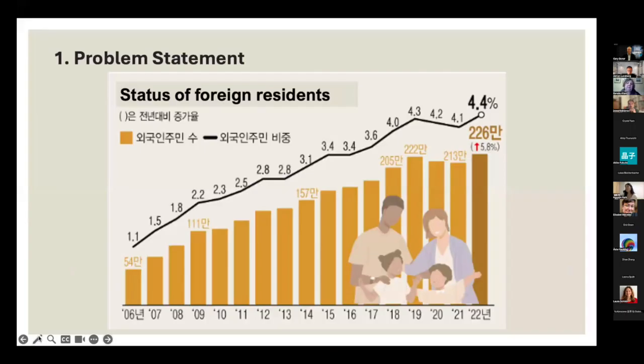The reason I started this study is because Korea is increasingly becoming a multicultural and multilingual society. Korea has recently experienced a sharp increase in the immigrant population. The number of foreign residents in Korea is about 2 million, and among them, about 1.12 million are members of multicultural families, that is, families where one parent is Korean and the other a non-Korean citizen.